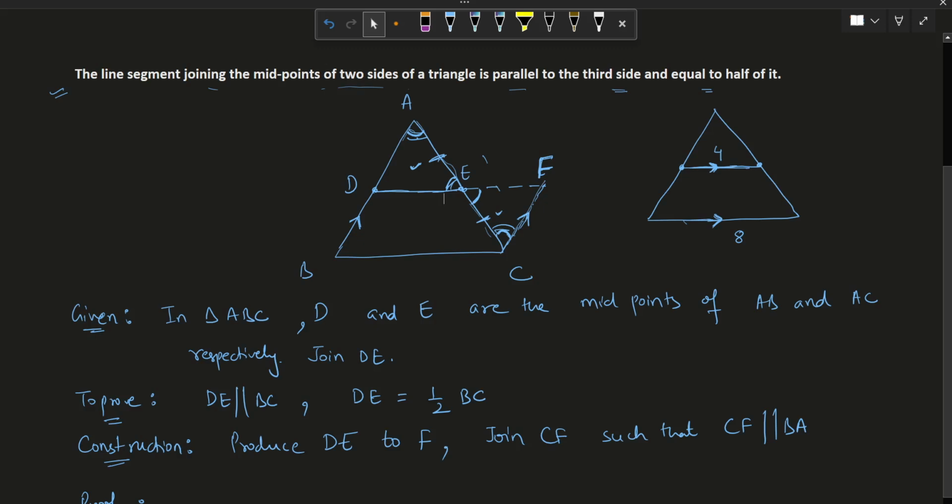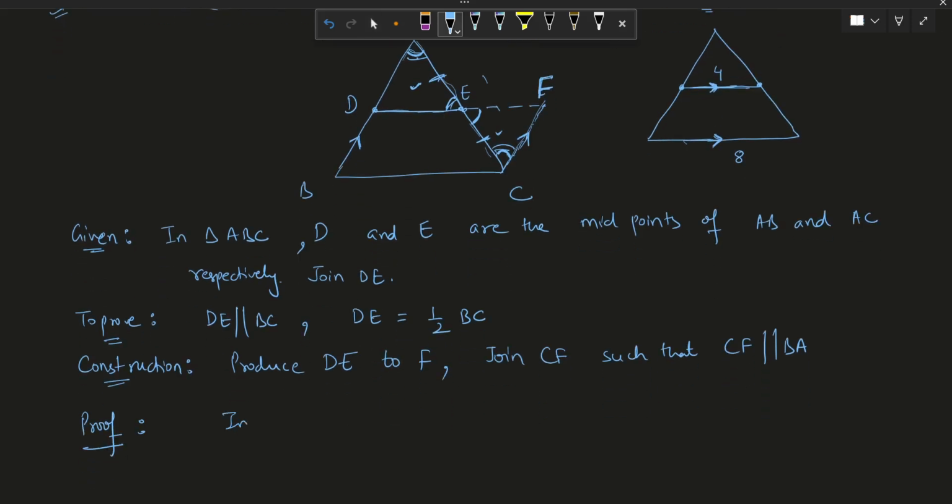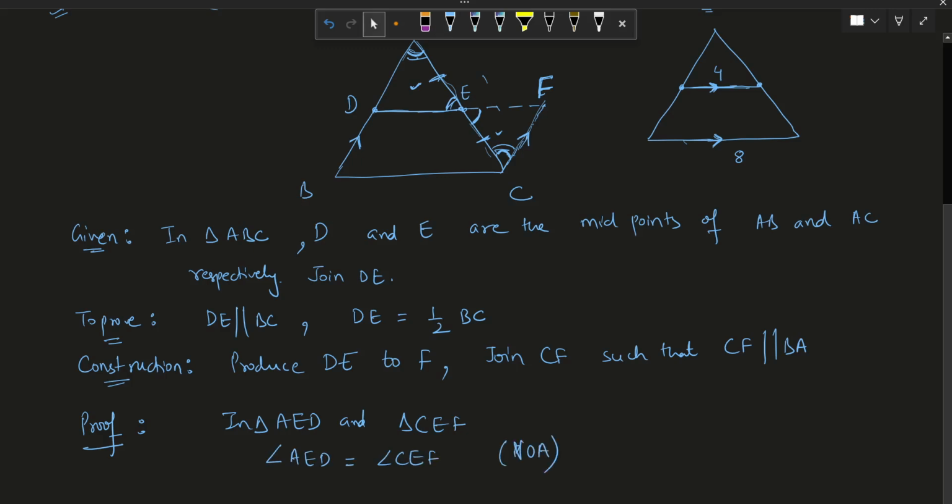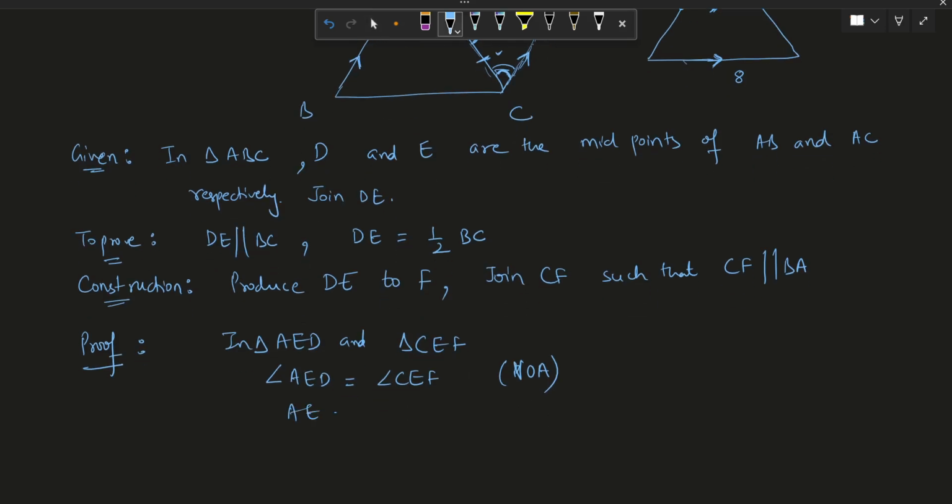So let's begin. In triangle AED and triangle CEF, the first thing I'll write is angle AED equals angle CEF, vertically opposite angles. AE equals CE, because E is the midpoint of AC.